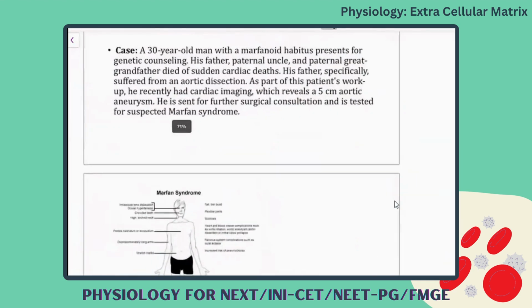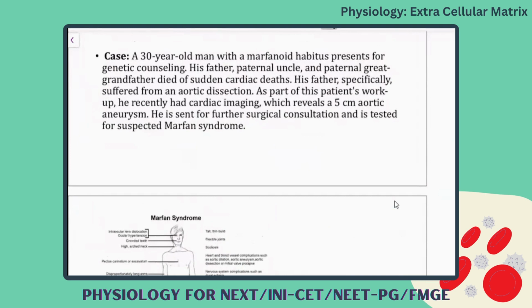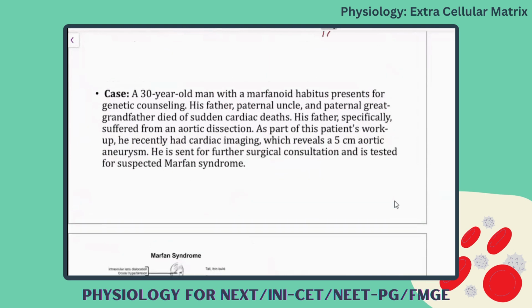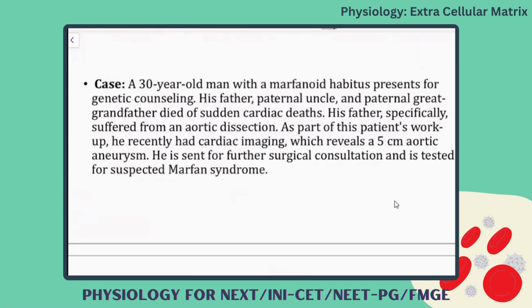A 30-year-old man with a marfanoid habitus. Marfanoid habitus, anyone have an idea? Okay, we will continue the case. A 30-year-old man with a marfanoid habitus is presenting to genetic counseling. His father, paternal uncle and paternal grandfather died of sudden cardiac death, and the father specifically suffered from aortic dissection.